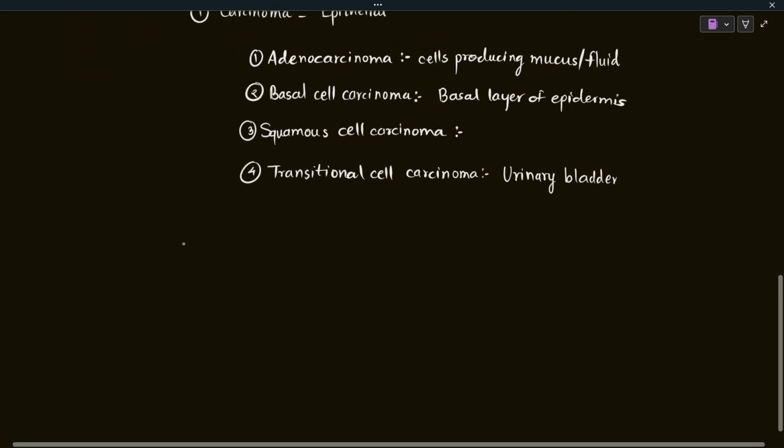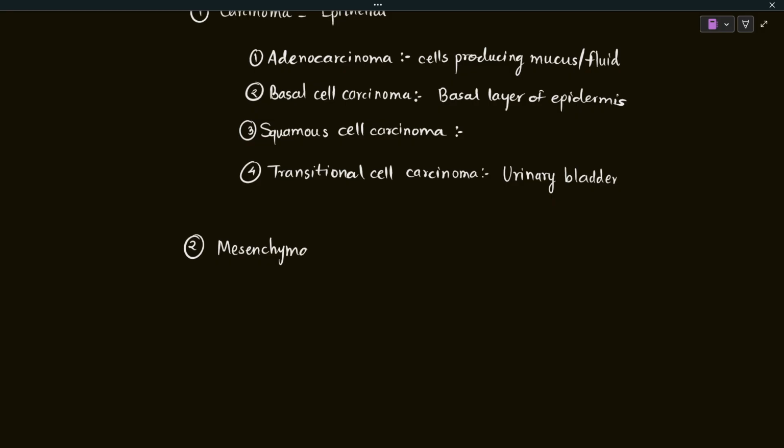When the mesenchymal cells, the cells of the connective tissue, undergo this transition, the mesenchymal cell tumors or cancers are known as sarcomas.